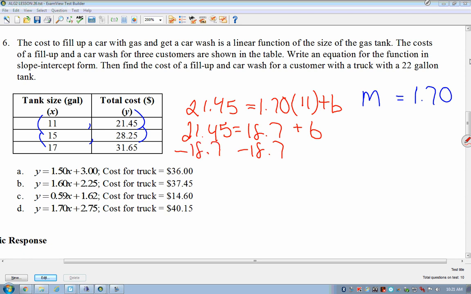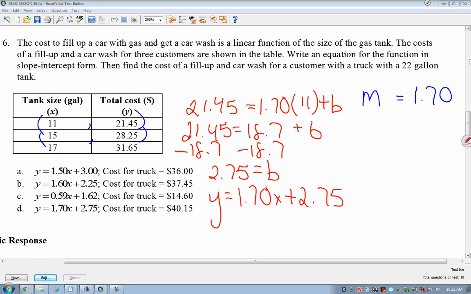Okay, 21.45 minus 18.7. 2.75 equals b. So what is the slope-intercept form of my equation? I'm going to write y equals what? 1.70x plus 2.75. Okay, very good. y equals 1.7x plus 2.75.